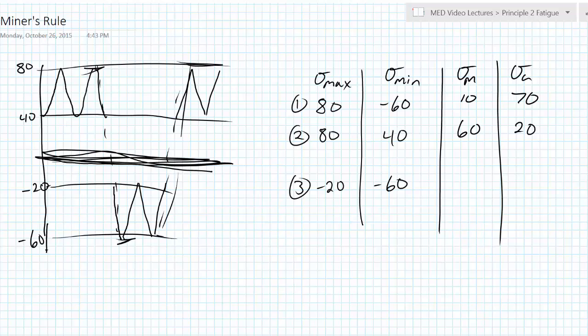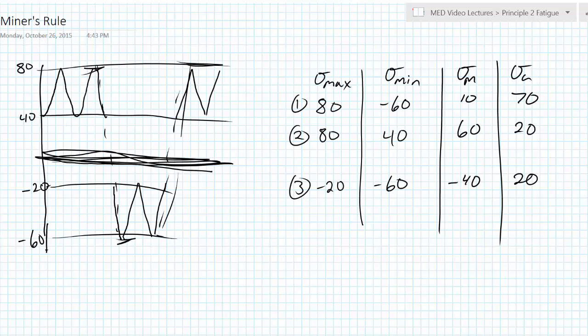And the mean between negative 20 and negative 60 is negative 40, and again, an amplitude of 20. So we can look at any one of these cycles and figure out, based on things that we already know, whether that's going to cause damage or whether it's going to lead to finite or infinite life.